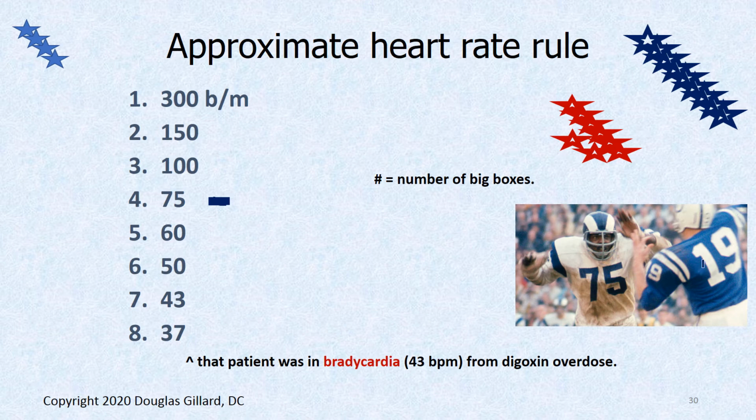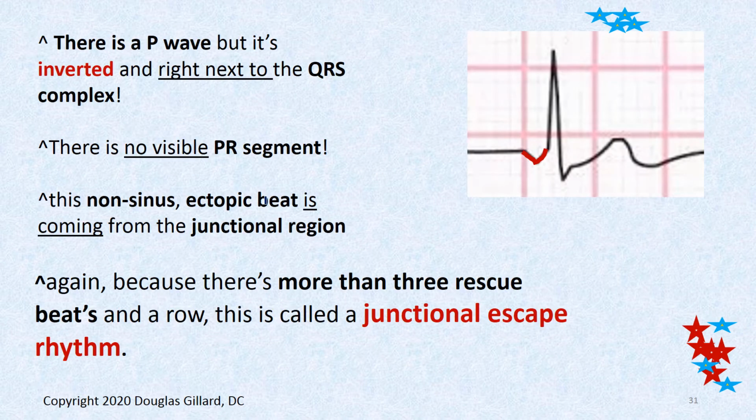There's Johnny Unitas. His number was 75, so that's one of my numbers I always memorize. So Deacon Jones comes, and then I can just remember 60, 50, and 43, and 37. I don't know how I remember those, but I can. Anyway, these are not as important. It's not very accurate, but up in here, this 300, 150, 100 rule is pretty accurate.